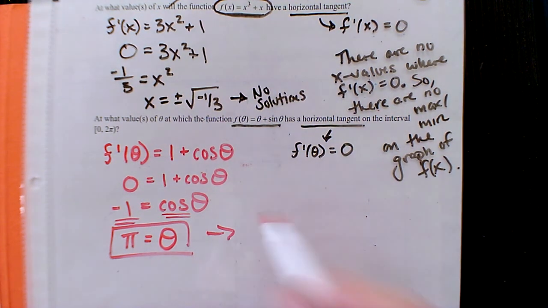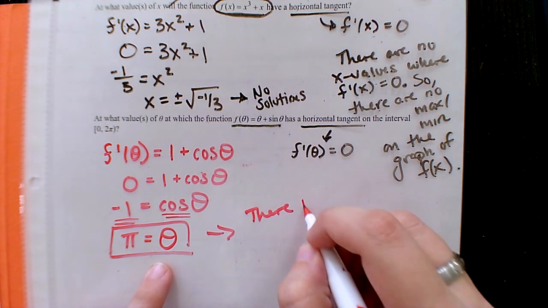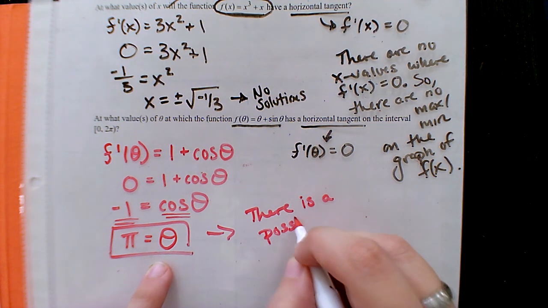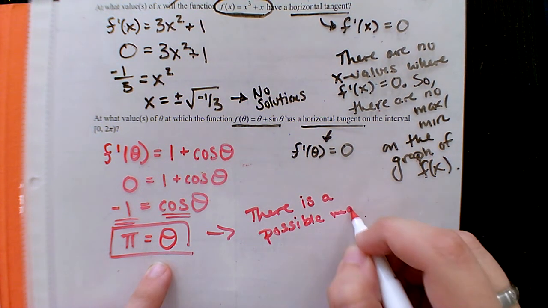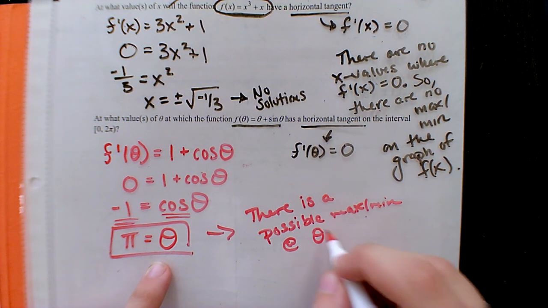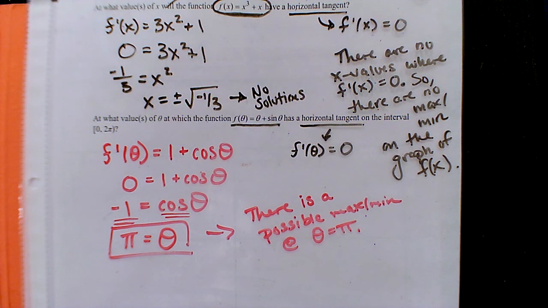So if this is a location where there's a max or a min, we could say there is a possible max or min at the theta value of pi, because we have a horizontal tangent.